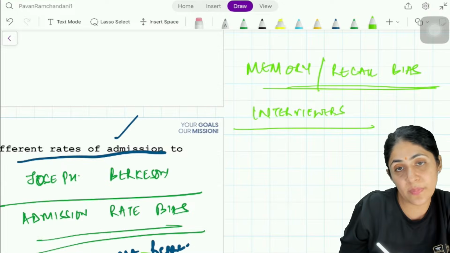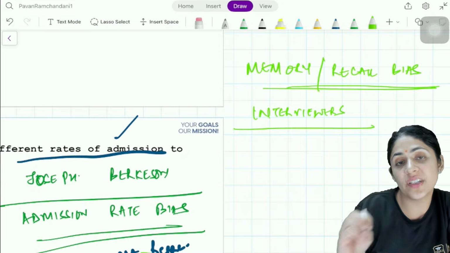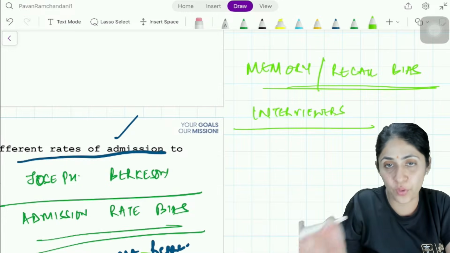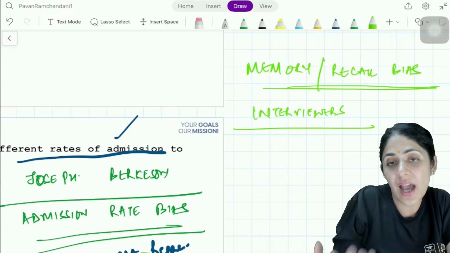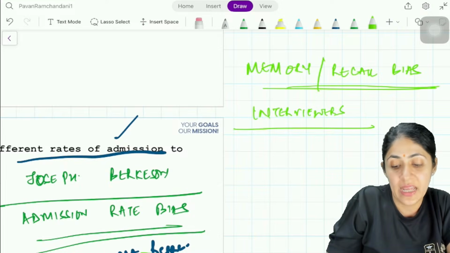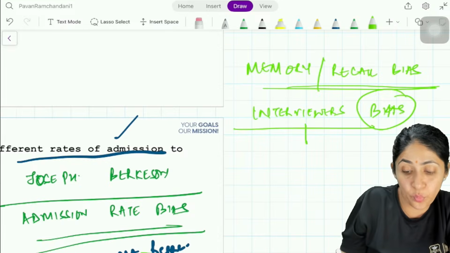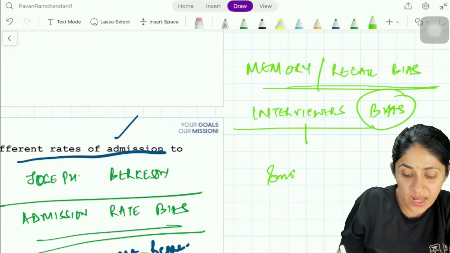What is interviewer's bias? That is the bias of the person who's interviewing. For example, I already know that this is a smoker and he will have oral cancer, so the way I ask the questions will be affected. This is called interviewer's bias. The interviewer knows the hypothesis: smoking causes cancer.